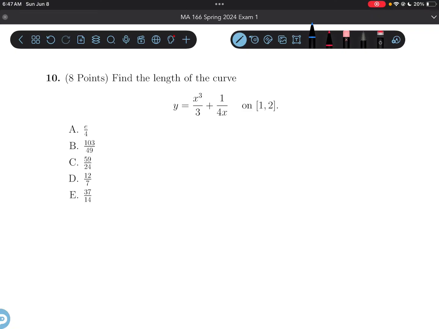And that formula, so I'll write it, L is equal to the integral from a to b of the square root of 1 plus dy dx squared times dx.